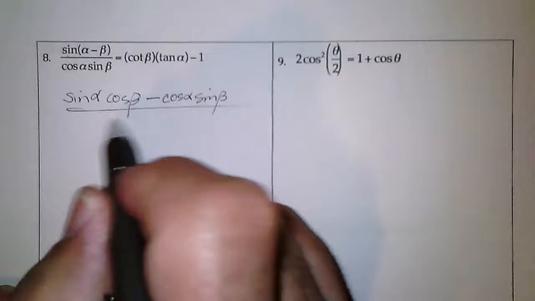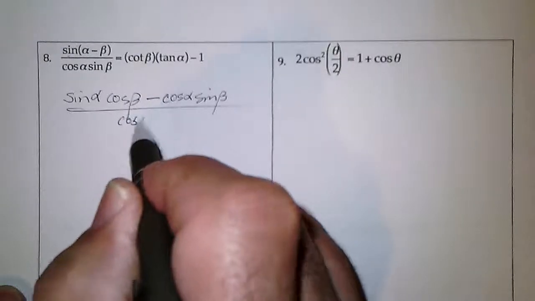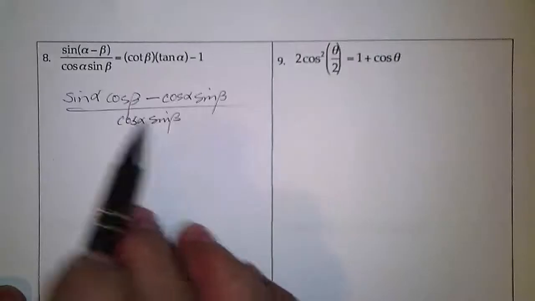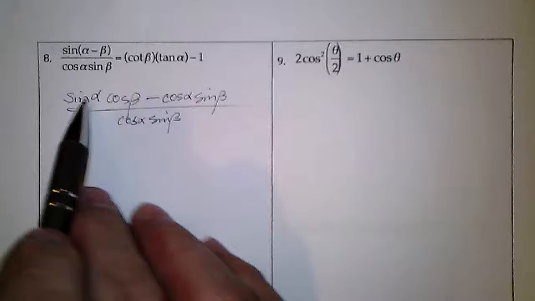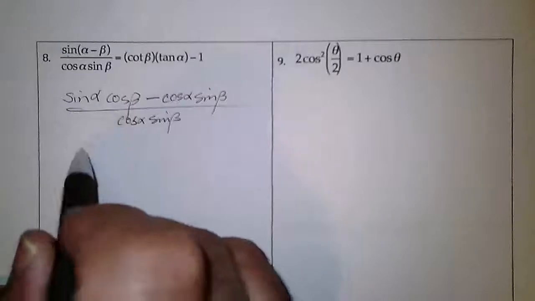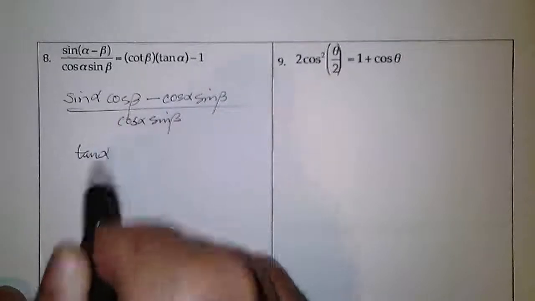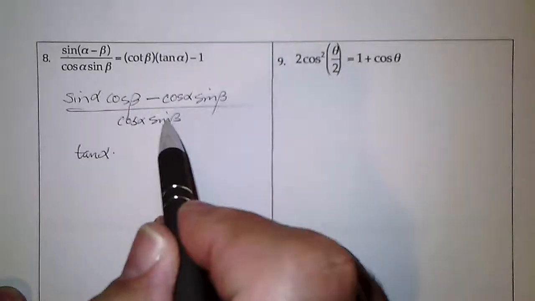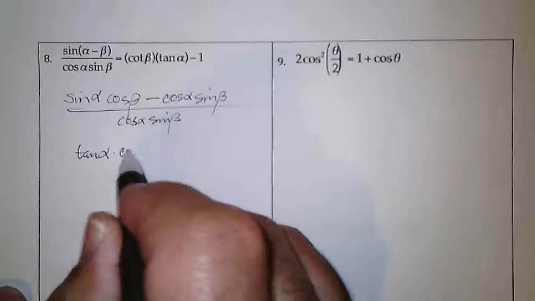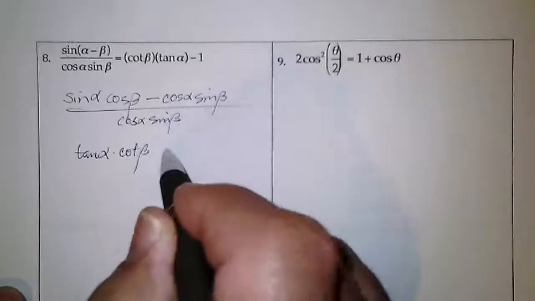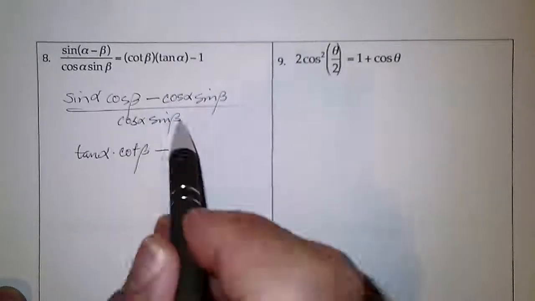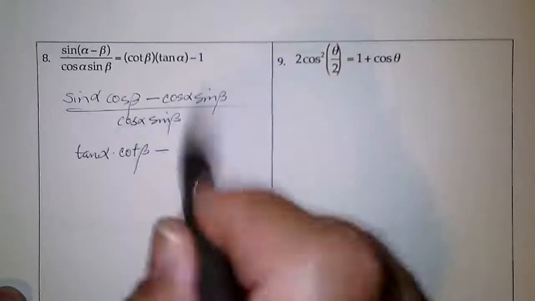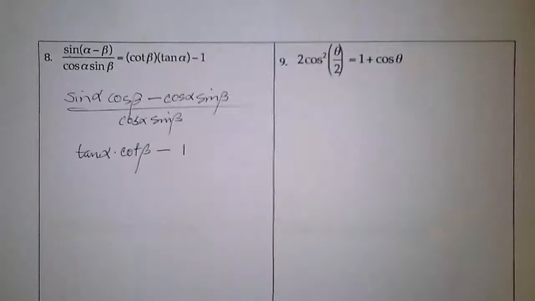And if we're putting this over the cosine alpha sine beta, we get sine alpha over cosine alpha, which is tangent alpha, cosine over sine, which is cotangent beta, minus, and these two are the same, so when I put this under this part of the numerator, we get 1. And we're done.